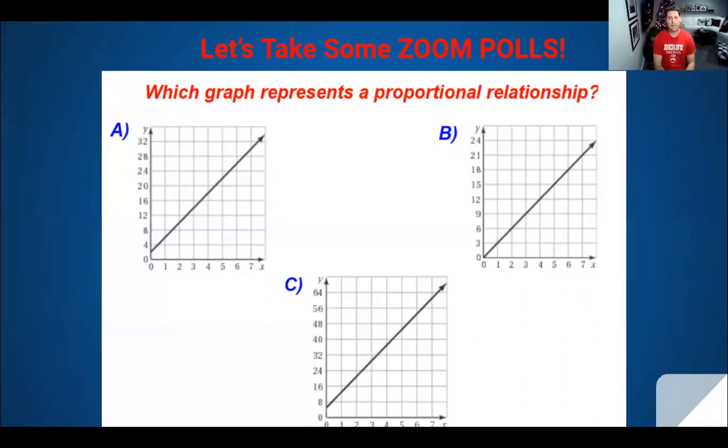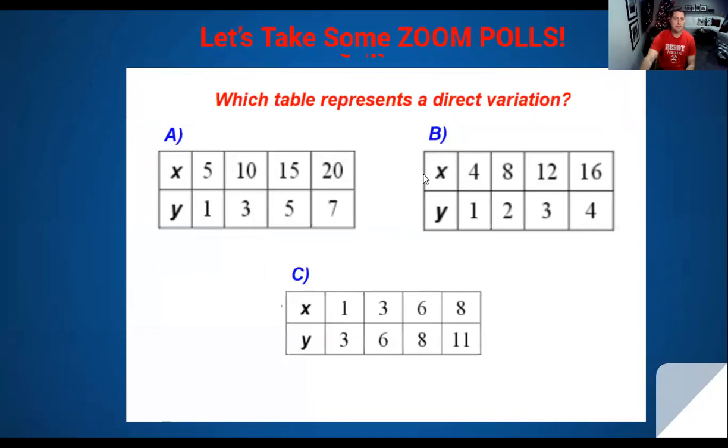Okay, so we're taking our poll. Go ahead and access the polling icon and make your vote. All right, next, we're going to go to number 2. Which table represents a direct variation? So which one of these tables represents a proportional relationship or direct variation? So remember what we did with the tables.